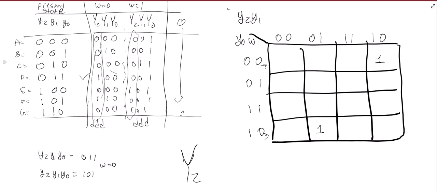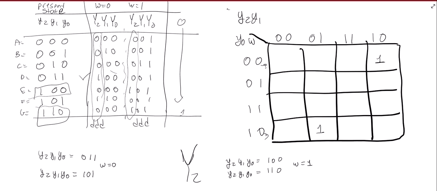The only 2 places I have 1s are in the state E and the state G. So this is when Y2, Y1, Y0 equals 1, 0, 0, and Y2, Y1, Y0 equals 1, 1, 0, and in my second column W equals 1. So Y2, Y1 is 1, 0, so that's this column right here, and W equals 1.